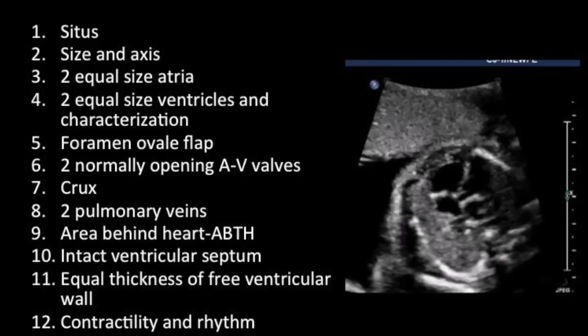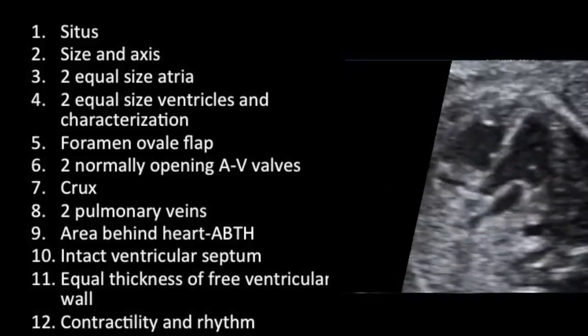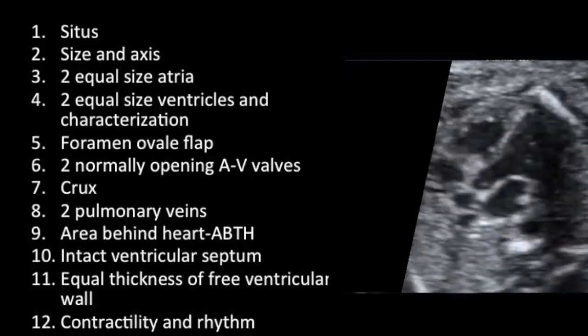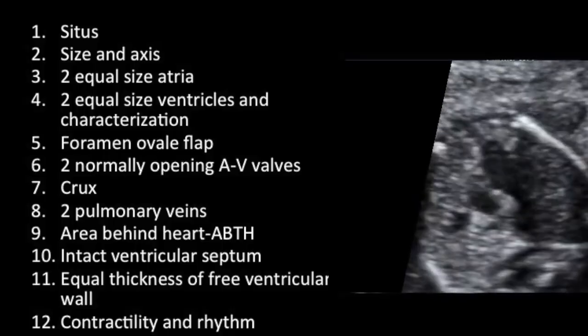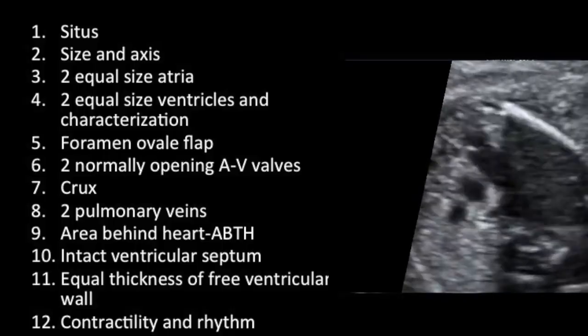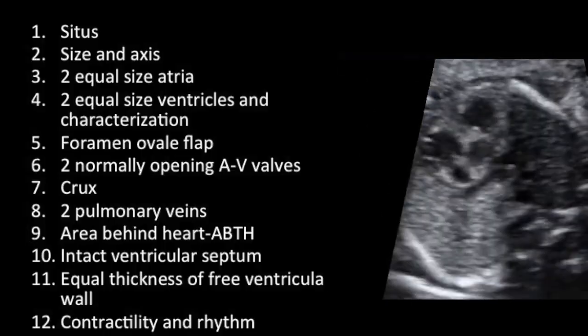Whenever we come to a four-chamber view, what are the things that can be analyzed? That is the situs, the size and axis, two equal-size atria, two equal-size ventricles, and the characterization. What do you mean by that?